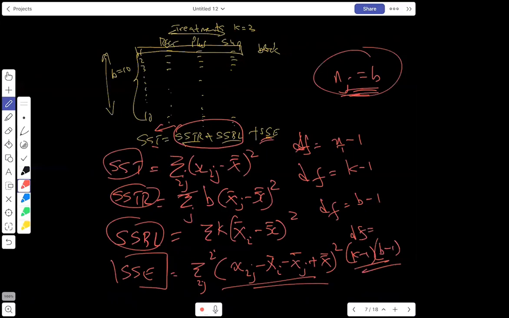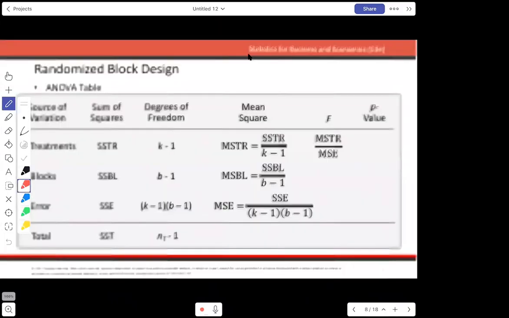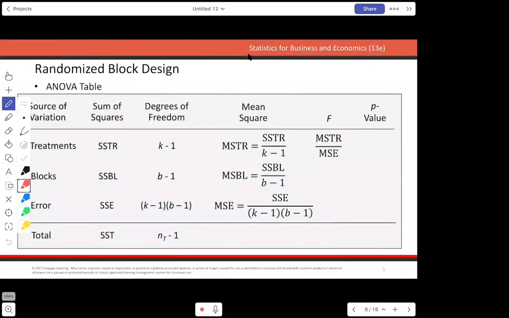So once we could calculate those, we just set up the Anova table just like we did before, and we could do the tests, all right? So I'm just going to review that with you and then see what happens. So you can see what the Anova table will look like. It looks very similar to what we had before, just with an additional row.